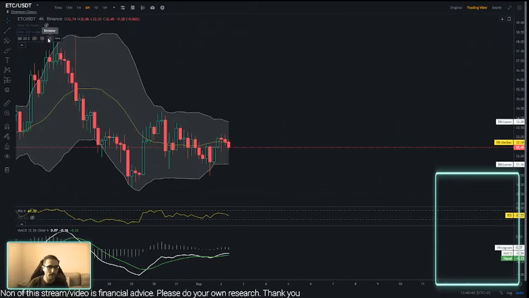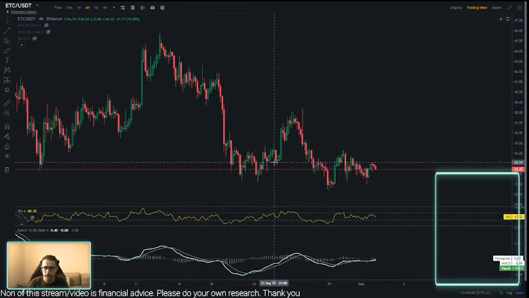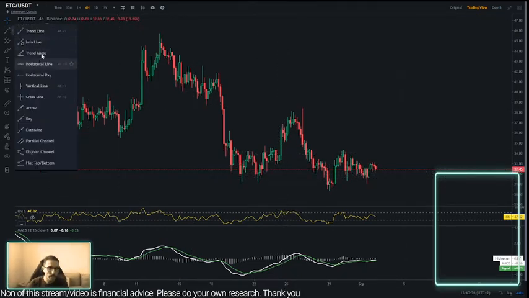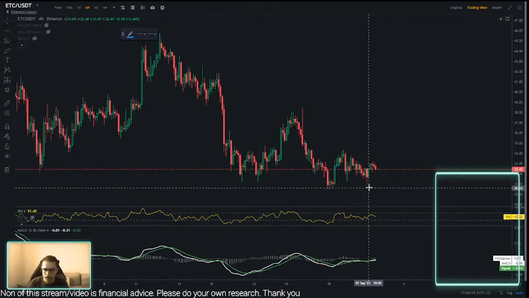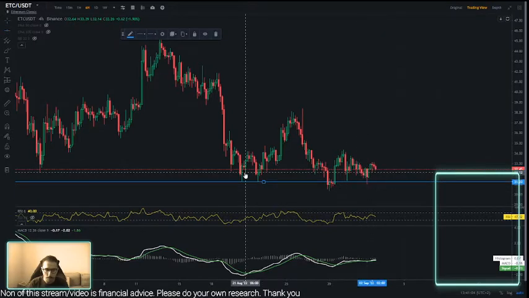So let's hide the Bollinger Band, zoom out a little bit and look at what we have here. Again, a horizontal line here, a level which works as a resistance and as support. So 31.2, the same we had earlier.